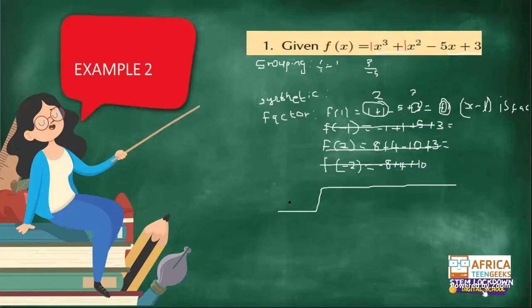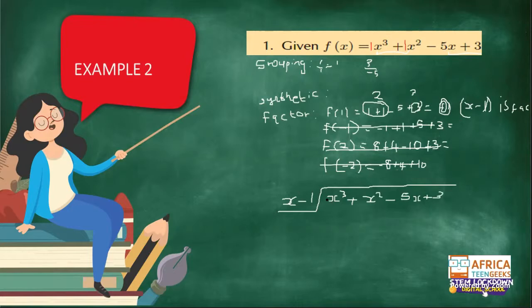So you would have x minus 1, and then you'd have x cubed plus x squared minus 5x plus 3. Okay. So the first one was fine, when you substitute with 1.